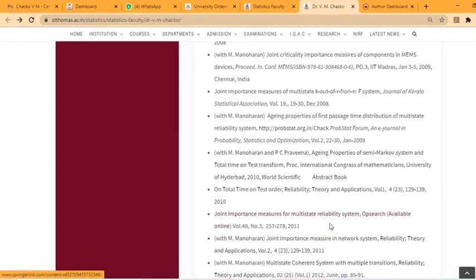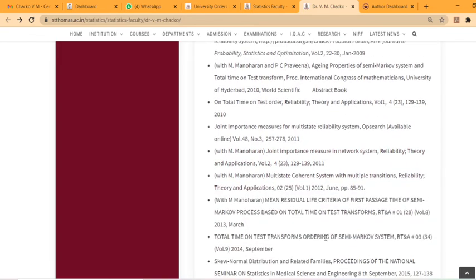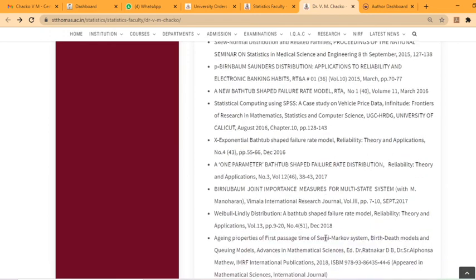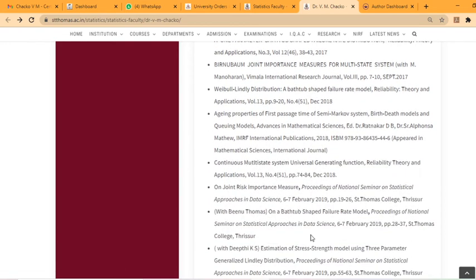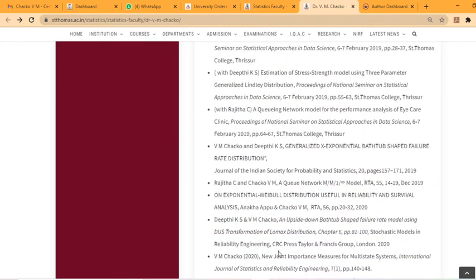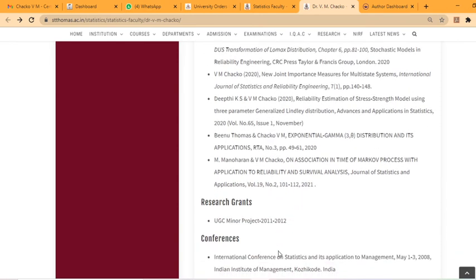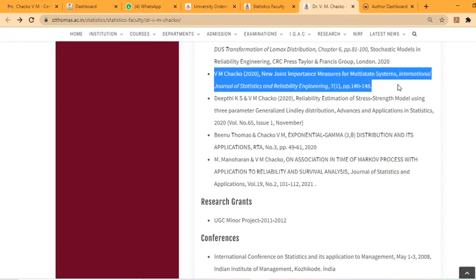And another, this is a joint model for network system, and recently I could publish two works. This is Birnbaum importance measure for multi-stage system with Professor Manoharan, and this is a new work: joint importance measure for multi-stage system in International Journal of Statistics and Reliability.